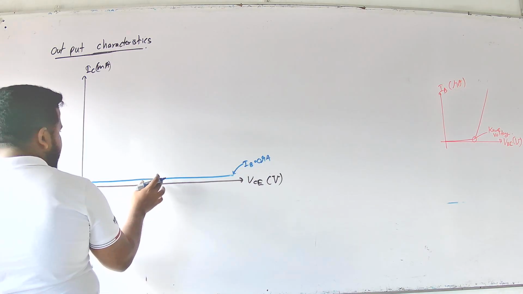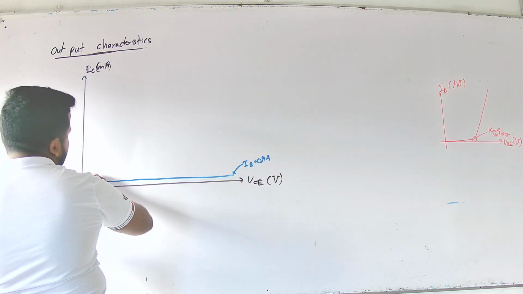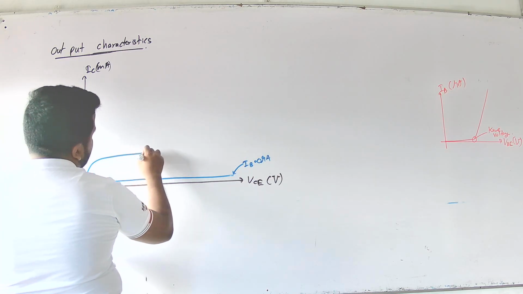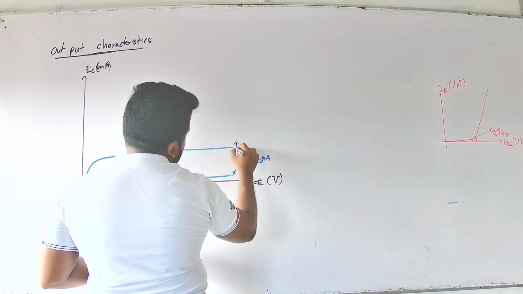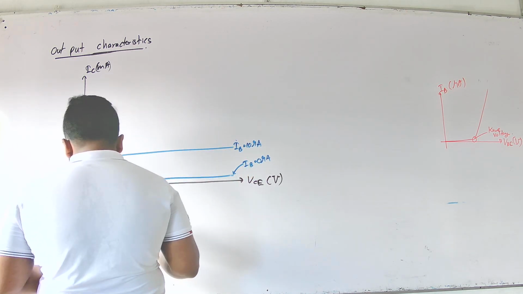Then when we put IB at 10 microamperes and change VCE, when we change the VCE, IC gets a constant value. IB 10 microamperes. Right?